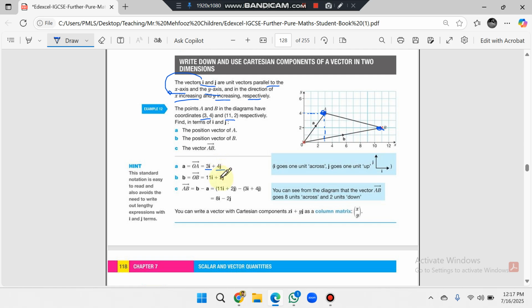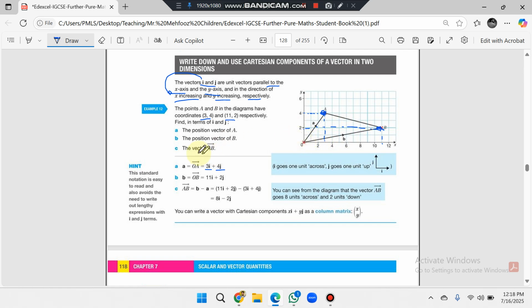And also for B, draw a perpendicular on the x-axis and on the y-axis. You can check that on the x-axis it moves 11 units, so 11i, and it becomes 2j. Why? Because on the y-axis it moves 2 units.